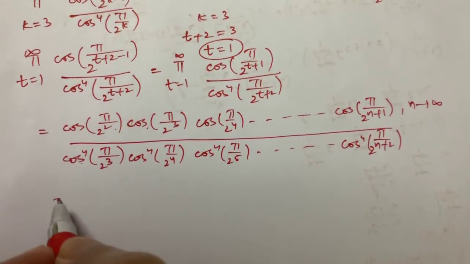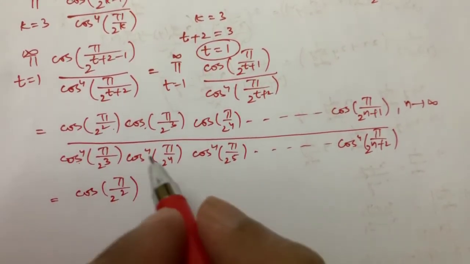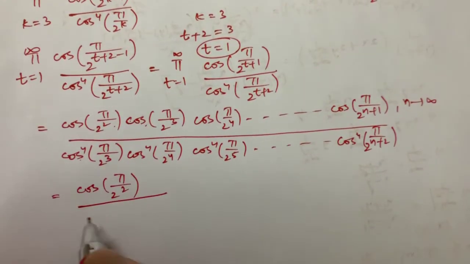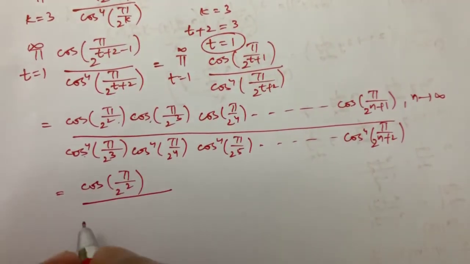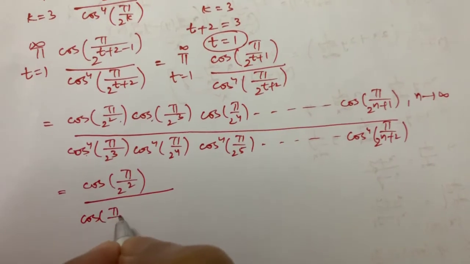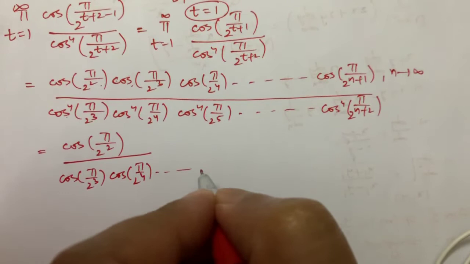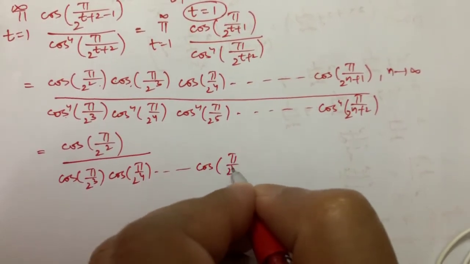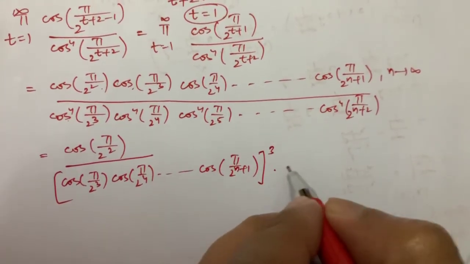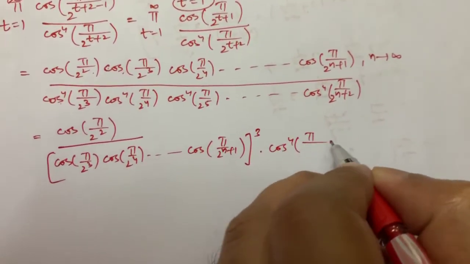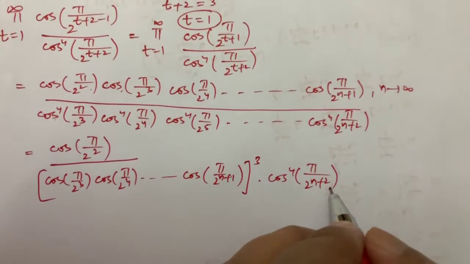The only thing is that the first term in the numerator will remain, cos(π/2²), everything else will go off, and in the denominator the last term will remain except that all other terms are present 3 times. So cos(π/2³), cos(π/2⁴), and so on to cos(π/2^(n+1)), all these terms are present 3 times, into the last term present 4 times, cos^4(π/2^(n+2)).